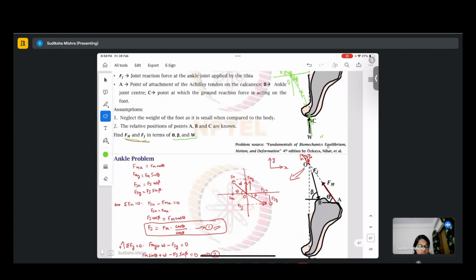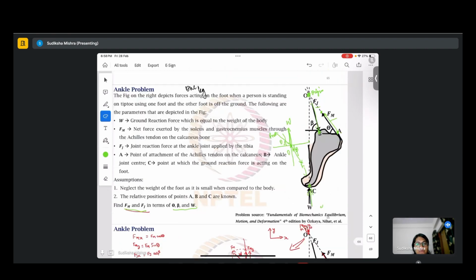So you cannot compute the moments here because everything is acting, your assumption is everything is acting at the origin. So the summation of the moments, even though it's 0, won't have any forces in it because there are no moment arms for these forces.